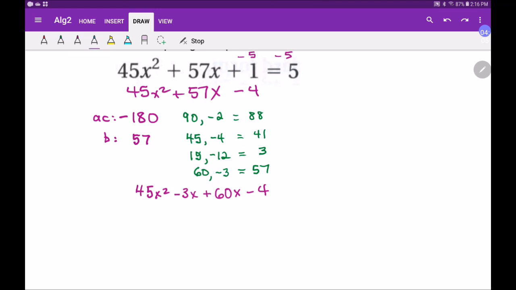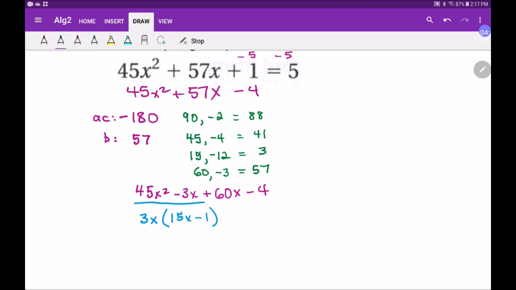And then I take out 3x from both of these first two terms, and I say, how much is left over? I think I'd get 15x is left over, and then minus 1. I took everything out, so there's still a 1.